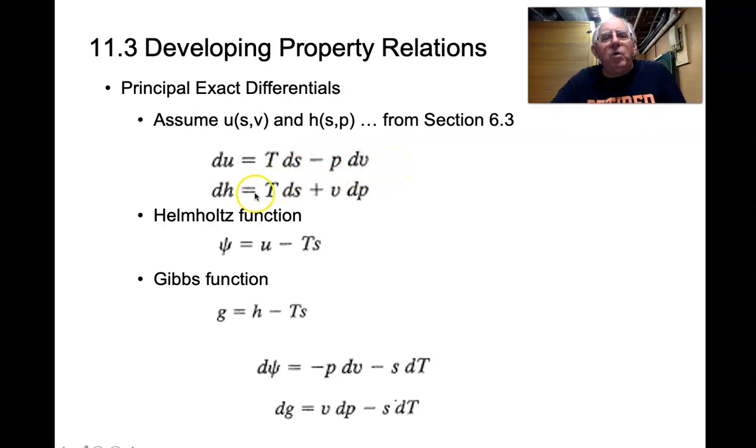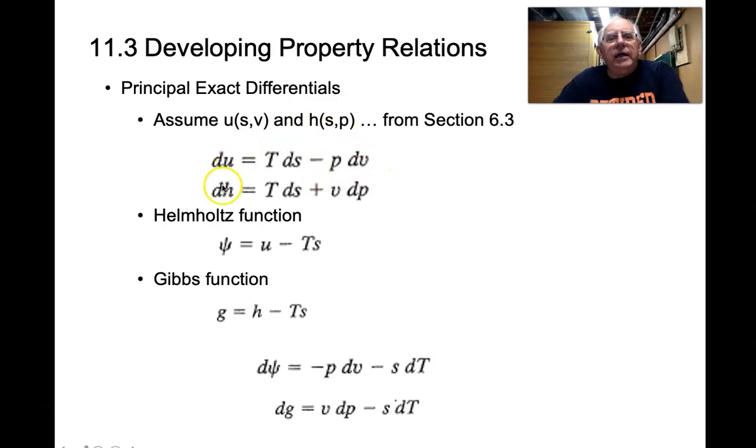And the second one was TdS is equal to dh minus v dP. And if you don't remember them that way, possibly you remember that du was written as c sub v dT, and dh was equal to c sub p dT. And so you might have remembered them in that particular fashion.